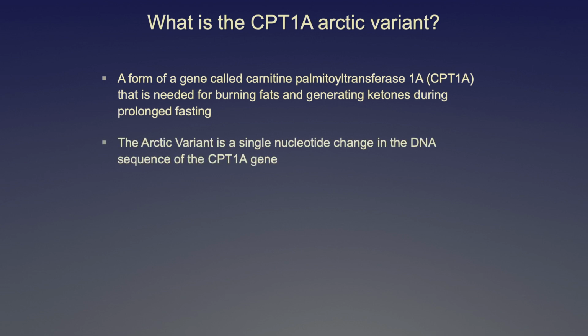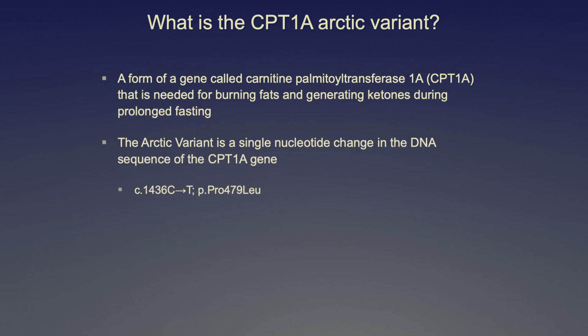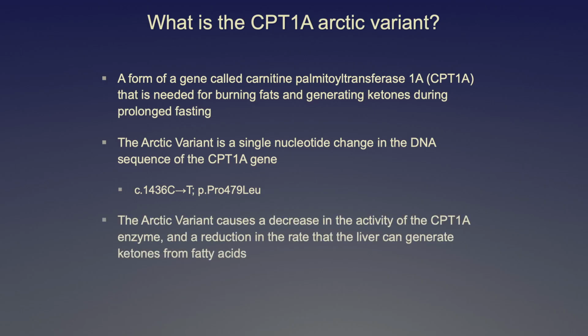The Arctic variant is a single nucleotide change in the DNA sequence of the CPT1A gene that affects the function of the enzyme. The Arctic variant causes a decrease in the activity of the CPT1A enzyme and a reduction in the rate at which fats can be burned to generate ketones during periods of fasting.